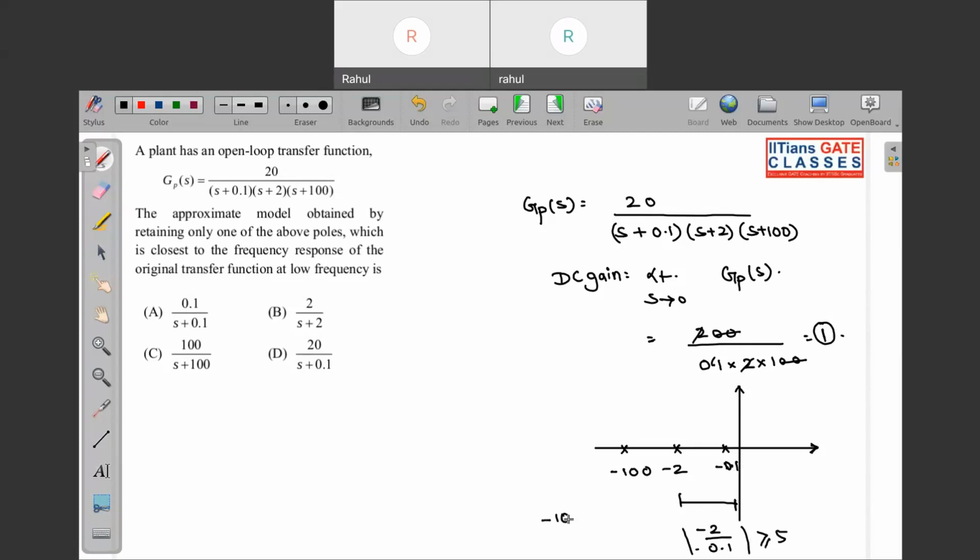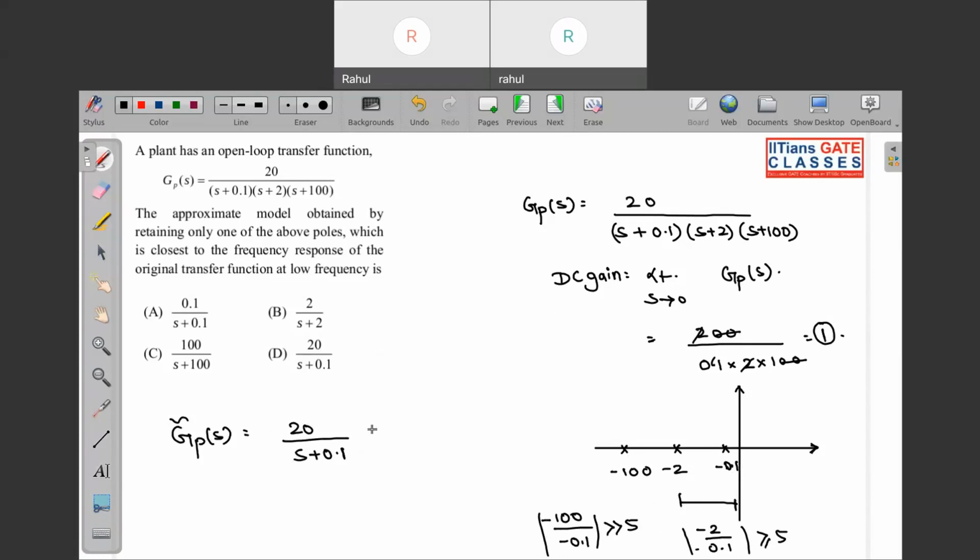Even -100 by -0.1, so that is also much greater than 5. So we can basically neglect these two poles, and our approximated transfer function, let us take only this one, so that will be 20 divided by s plus 0.1.